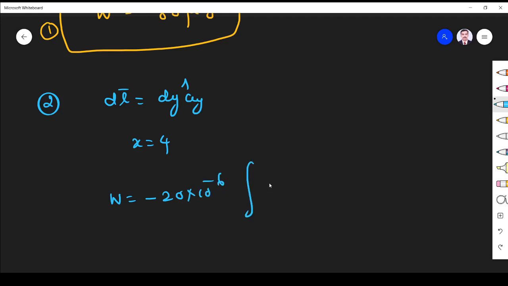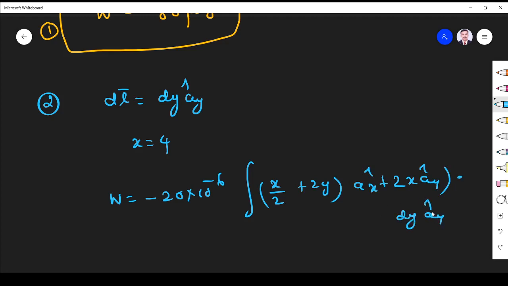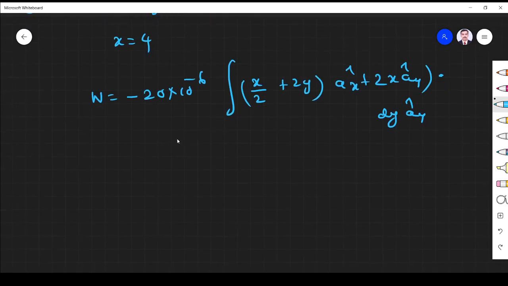E is given by x by 2 plus 2y ax plus 2x ay. This is E. dl is dy ay. Okay, so what will happen if you simplify this? Minus 20 into 10 power minus 6, right? ax dot ay is 0, so it will become 0. Only 2x dy.